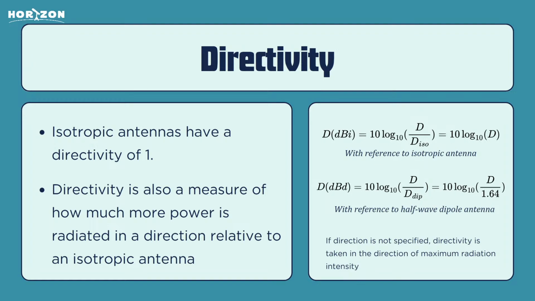If the unit is dBi, the reference value you're using is the directivity of an isotropic antenna, which is 1. If the unit is dBd, the reference value you'll use is the directivity of a perfect half wavelength dipole antenna, whose directivity is 1.64.